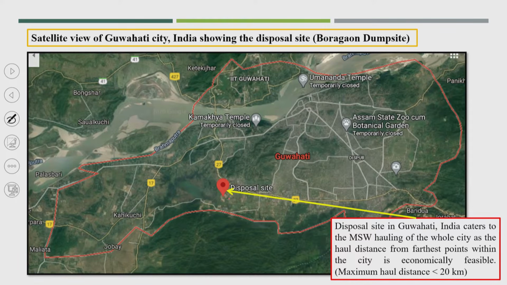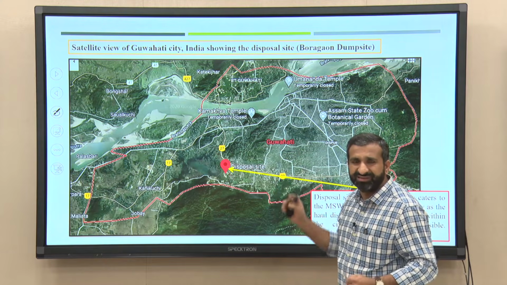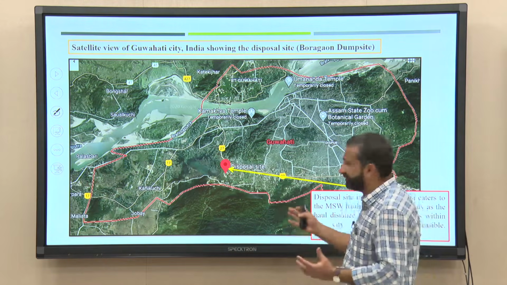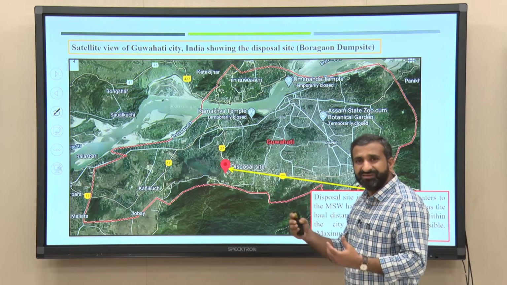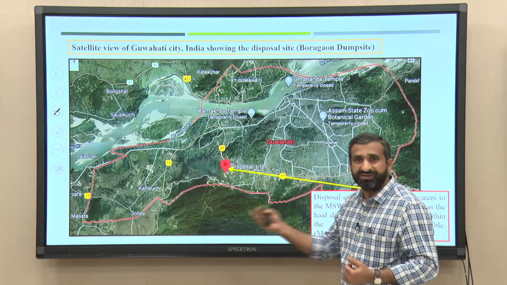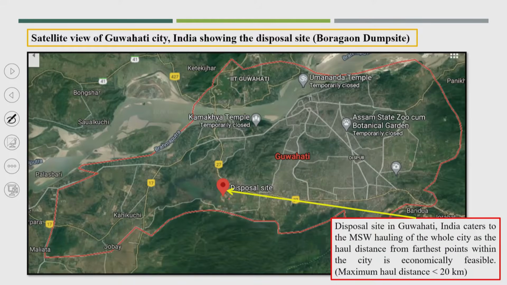Okay. So, normally for a 20 kilometer haul distance, different kinds of collection systems are available in the city. It initially started with the stationary container system, and after the JNNURM program in 2006, the hauled container system was started.